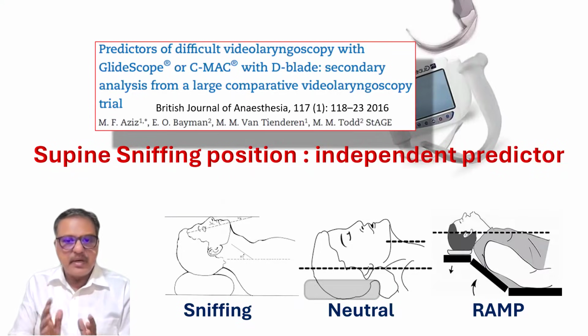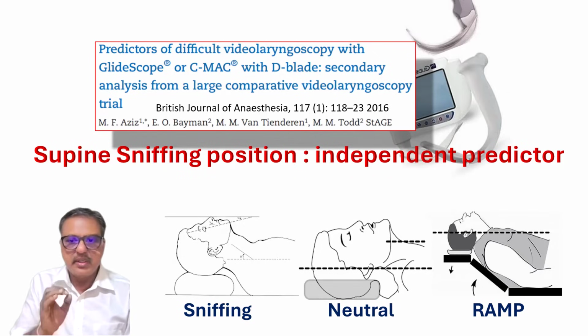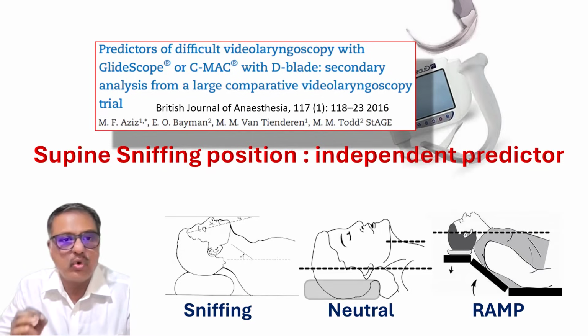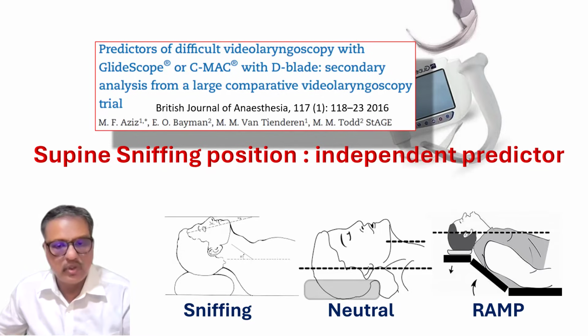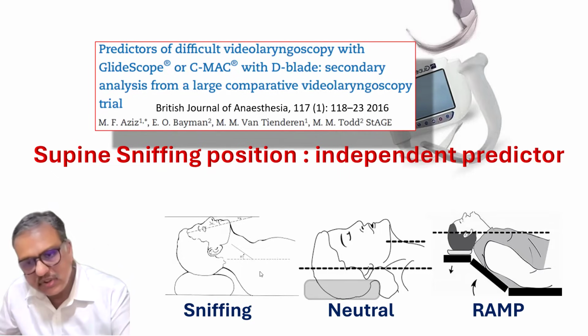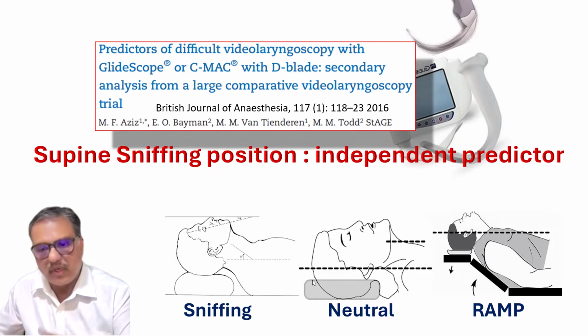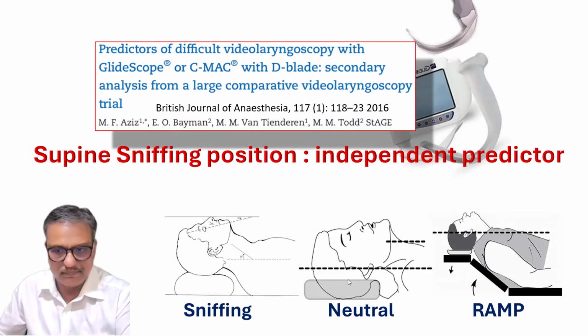And keep in mind that sniffing position is an independent predictor for difficult videolaryngoscopy. So when you are using sniffing position for oxygenation, change it to neutral or ramped position with videolaryngoscopy.